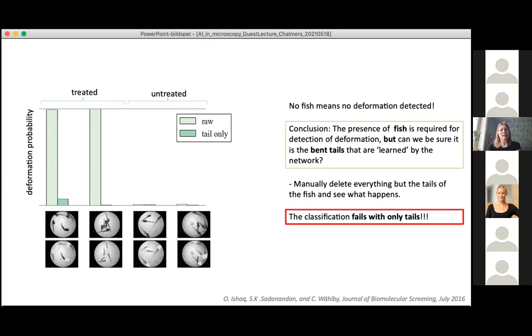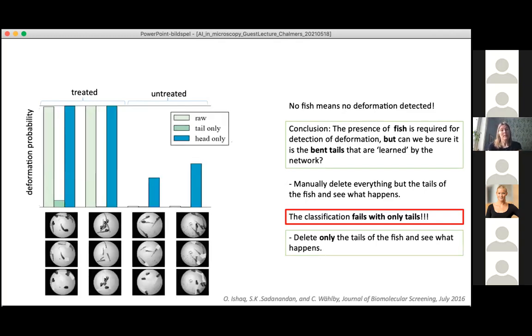And the classification failed. We thought that we had created a network that could detect bent tails, but obviously we could not find any deformation if we fed the network with only the tails. So this was really against our hypothesis. Then we deleted only the tails of the fish to see what happened.